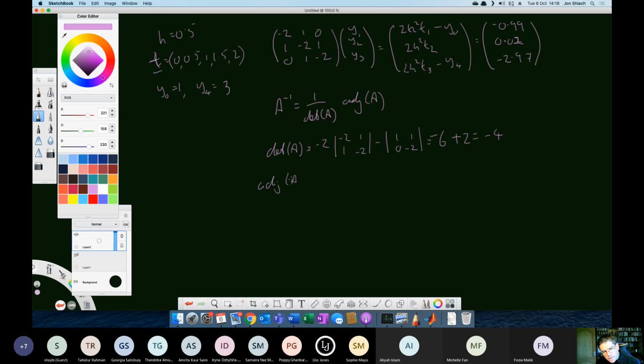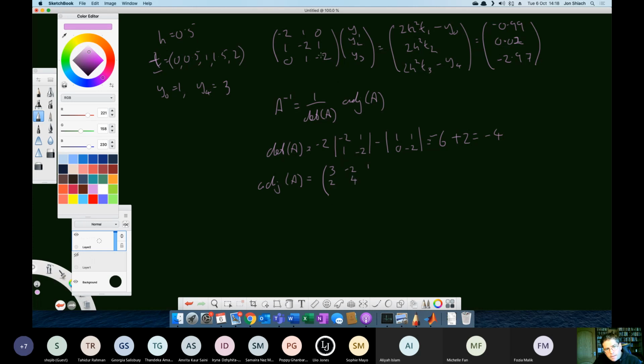Adjoint of A. I always do this in 2 steps. First, I calculate the cofactors, and then I transpose it. So that's 4 minus 1 is 3. Here we got minus 2, because the row plus the column is odd, we change the sign to a negative. Then we've got 1. We got minus 2, but again it's negative, so that's 2.